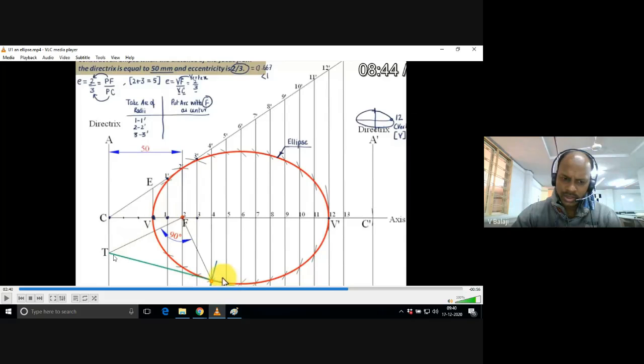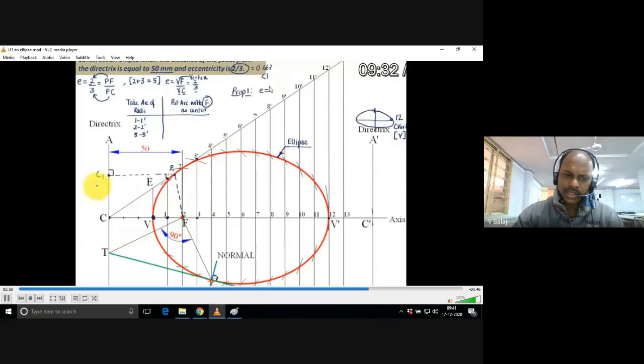If this is the tangent, match one of your mini drafter scales to this tangent, and the other scale automatically shows 90 degrees. That is the normal. In this way, you can make the normal and tangent at any point on the given elliptical curve. Let us see some other properties.